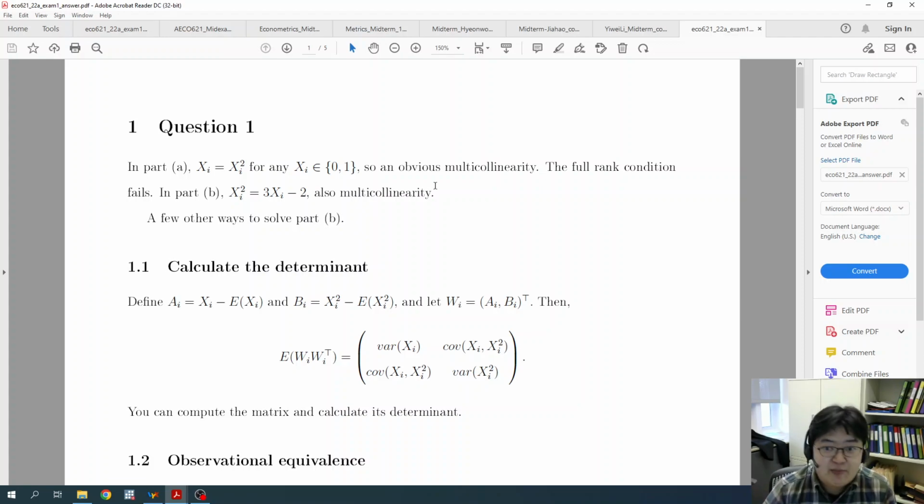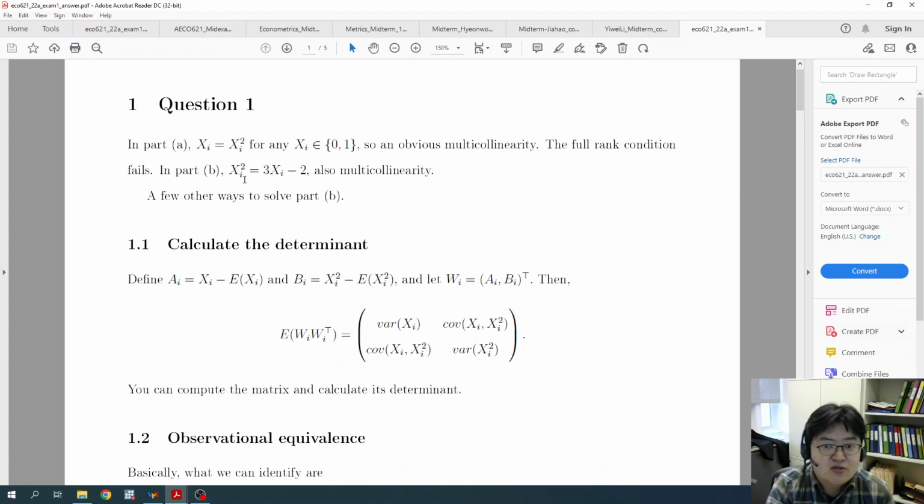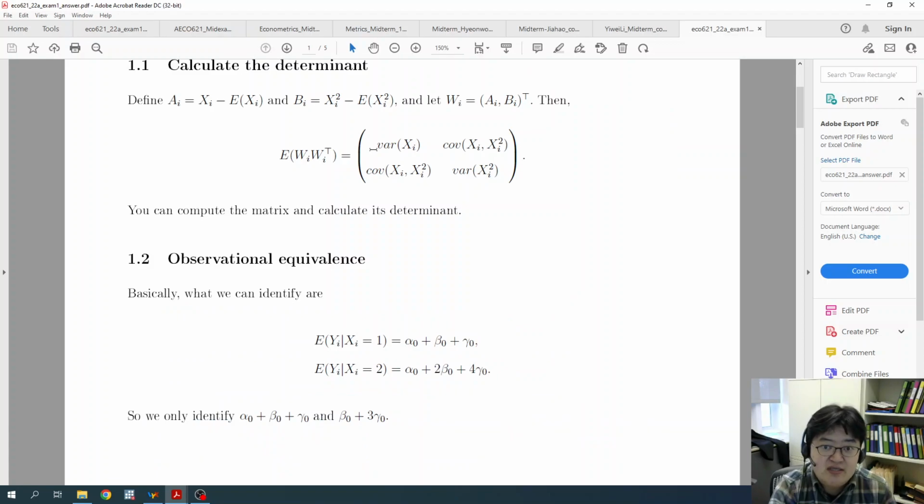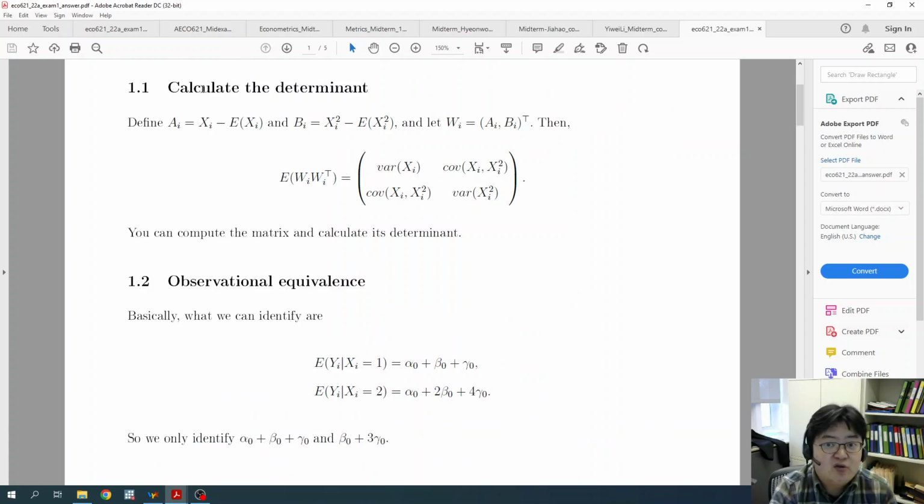I do not expect you to have this answer in the exam, but if you try to show non-identifiability in a different way, there are two other ways to do that, like calculating the determinant, or calculating the full rank condition directly.